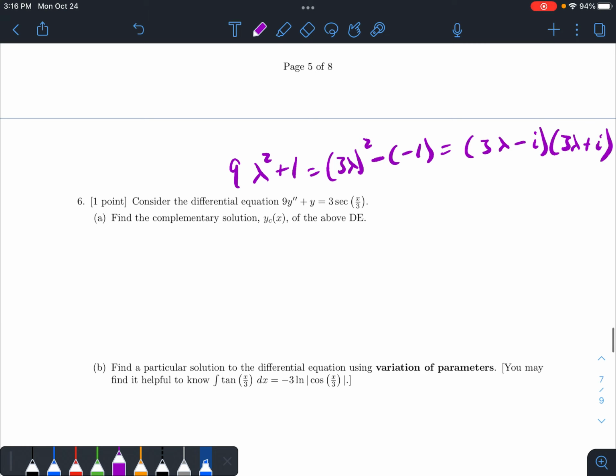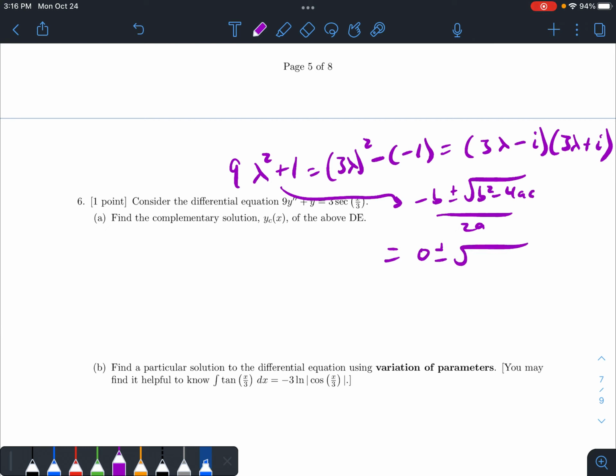Okay, if you didn't follow that, that's fine. You can just do the quadratic formula. The quadratic formula says on this guy, we're going to get negative b plus or minus the square root of b squared minus 4ac all over 2a. And our b value is 0 here.